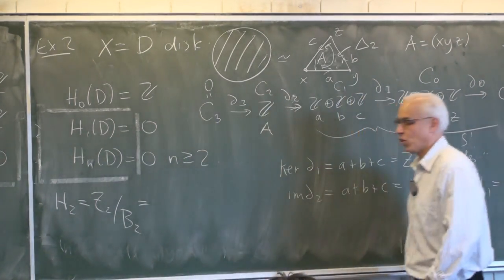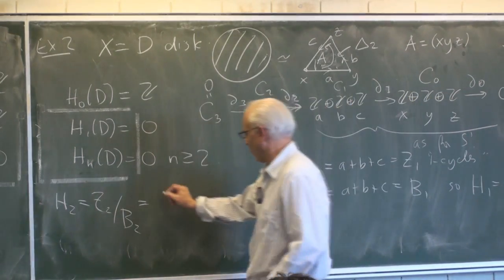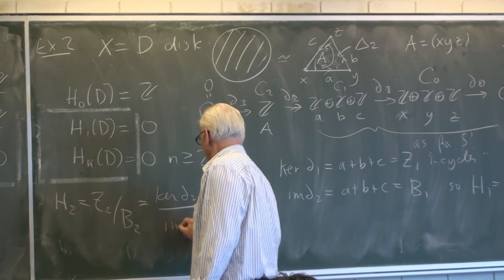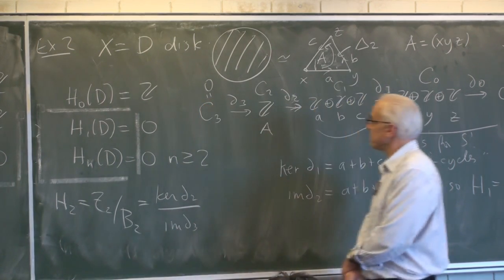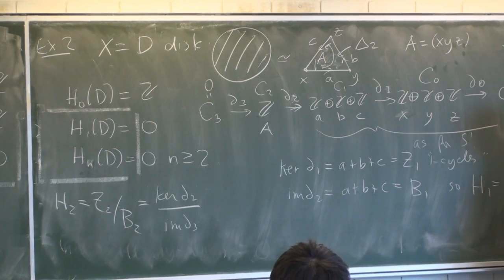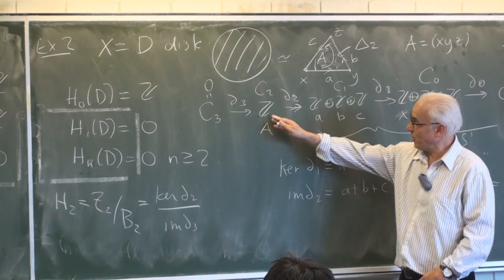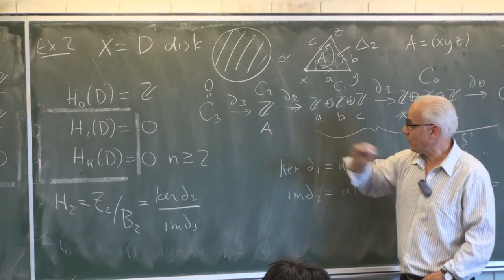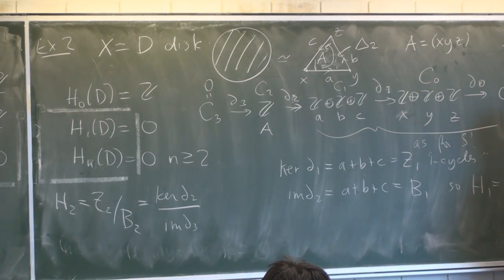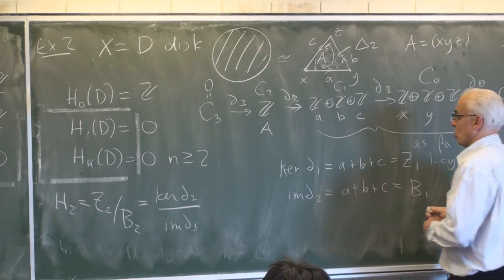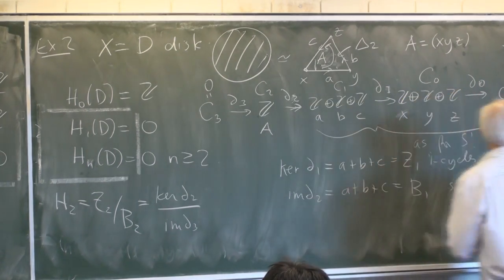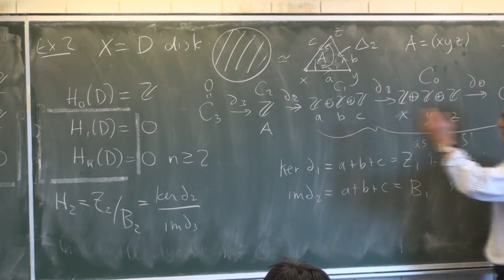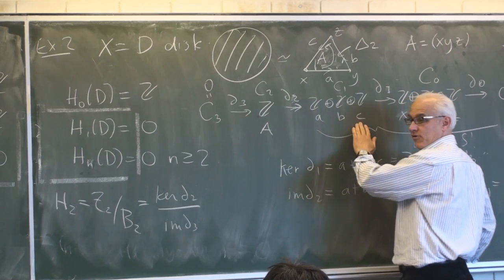What is the kernel of this del 2? The del 2 operator is acting on this group that has one generator, A. What does the boundary do to A? Well, we've seen that the boundary of A is A plus B plus C. So the boundary operator at this level sends capital A to A plus B plus C.